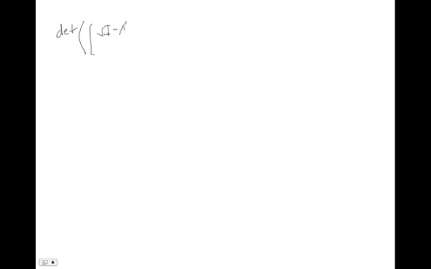We had SI minus A minus BK, and then it was a minus C, so that becomes a C, and then there's a BKA, so that becomes a minus BKA, and then there was a 0, so that becomes an S. So if I take the determinant of SI minus that big A matrix, that's this new characteristic equation. So let's call it characteristic equation sub F, meaning the one with the extra feedback loop. So this is the characteristic equation of our new augmented system, and this is an n+1 order polynomial.